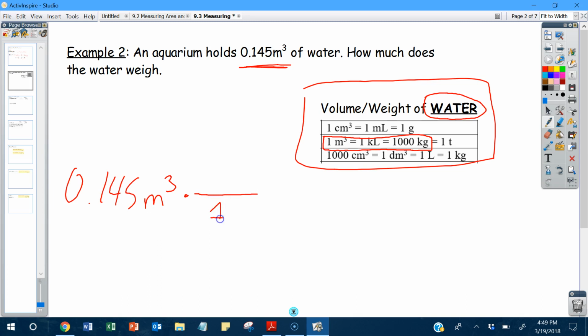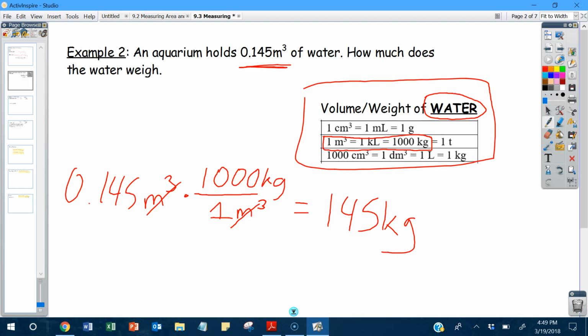That fraction is going to have 1 cubic meter in the denominator and 1,000 kilograms. So that's going to cancel. And that just means I'm going to multiply that by 1,000, which means I move the decimal over 3 places. I get 145 kilograms. So that's how we do that.